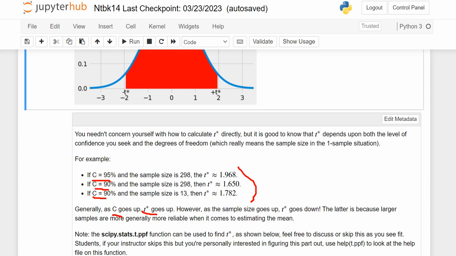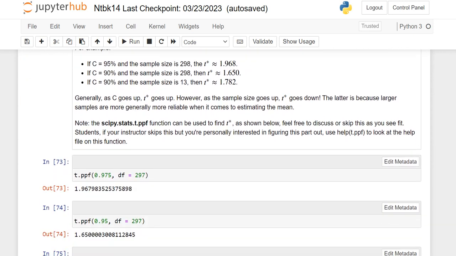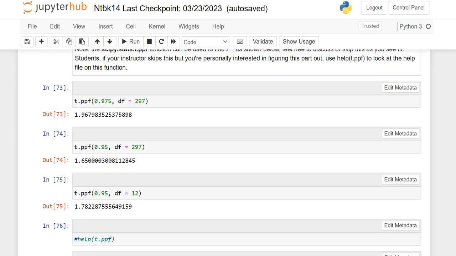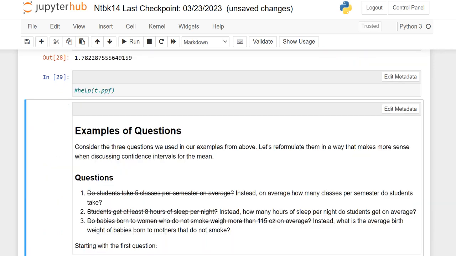Why? Well, we get the law of large numbers, right? Larger samples are generally more reliable when it comes to estimating the mean. And again, we'll cover confidence intervals in a little more detail later. This is just showing you how they're coming by these values.